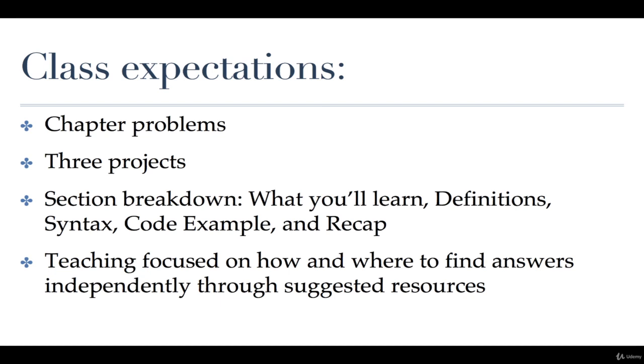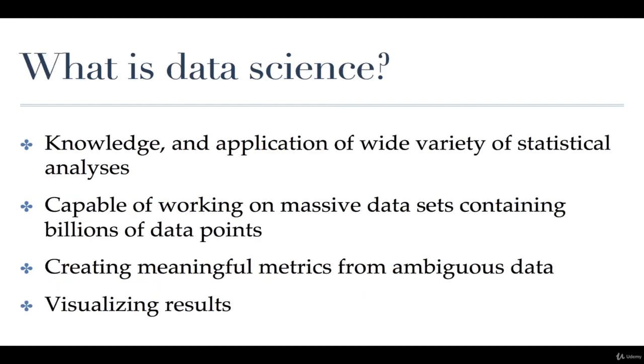information now. So what is data science? Data science is a new field. It's kind of a buzzword in some ways, although it's becoming more and more established. And the way I see data science is it's the knowledge and application of a bunch of different types of statistical analyses that exist out there that we can use in automated ways. So it's a bunch of different approaches to trying to answer problems with large amounts of data.